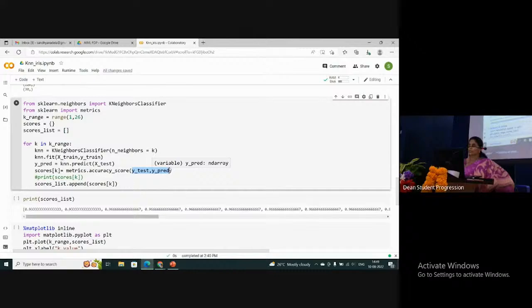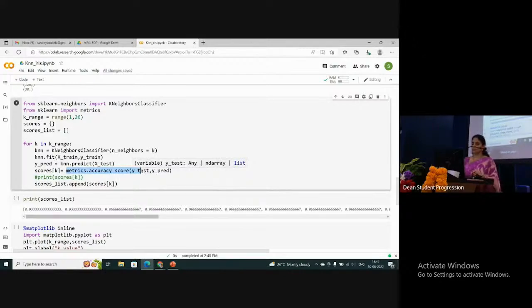For each k value, I am maintaining one array. Scores of k contains the accuracy for k equal to 1, k equal to 2, k equal to 3, and so on until 26, because you have mentioned k in the range of 1 to 26. So I have all the values of predicted accuracies for k values from 1 to 26.